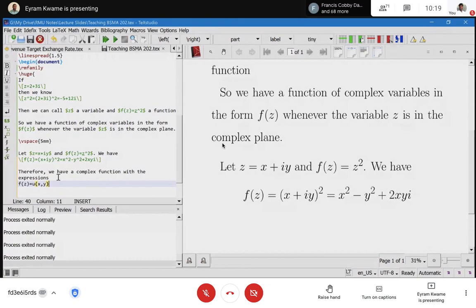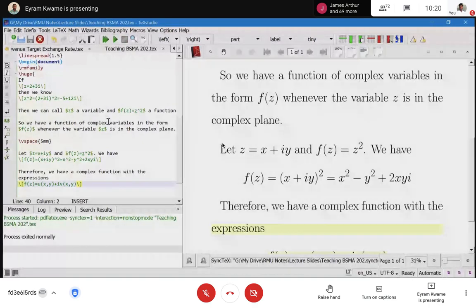And I'm sure you know what I mean by this x comma y and so on. You have dealt with functions of several variables, right? You've dealt with the function f of x comma y.